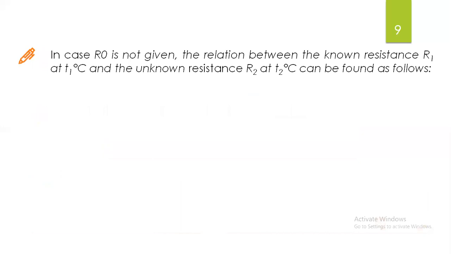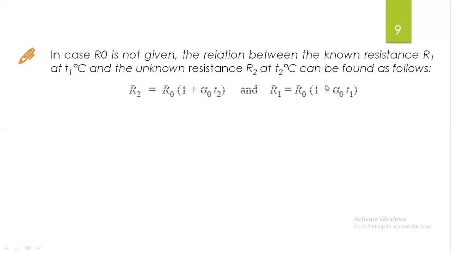In case R0 is not given, the relation between the known resistance R1 at T1 degrees Celsius and the unknown resistance R2 at T2 degrees Celsius can be found as follows.